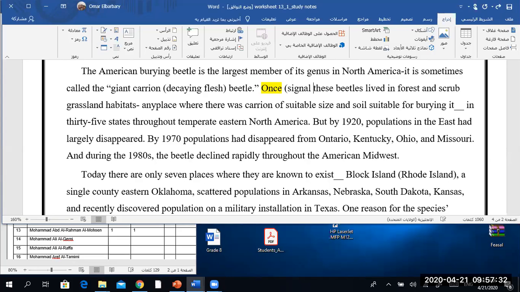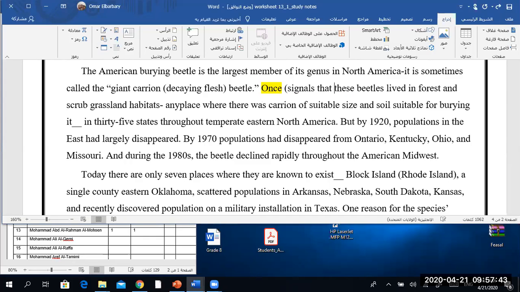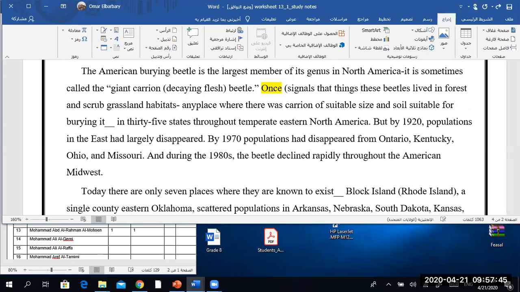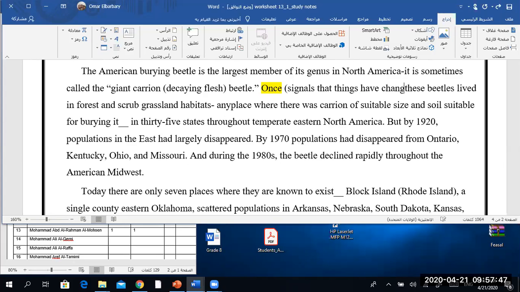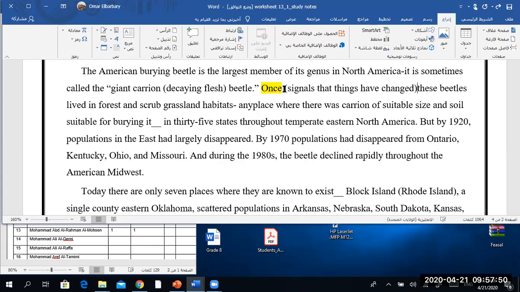Does the word once mean things are still the same or things have changed? No, I think things have changed. Very good. Things have changed. That means what, Mazen? That means that the burying beetles do not live in these grasslands or in these forest habitats as they used to.